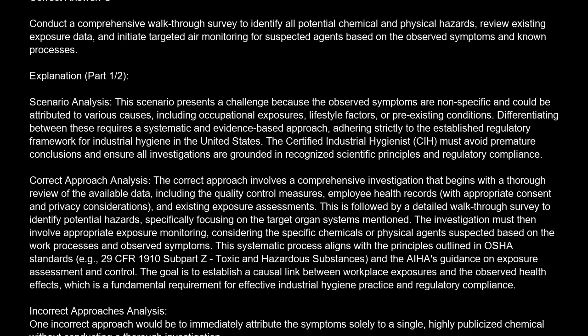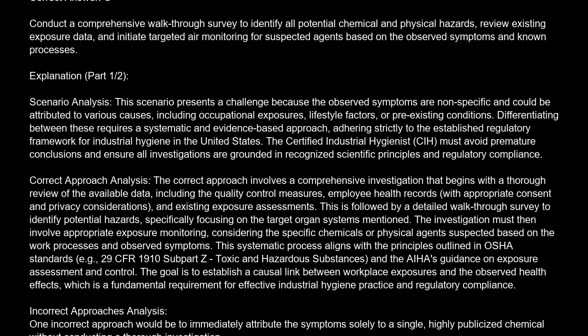Correct approach analysis. The correct approach involves a comprehensive investigation that begins with a thorough review of the available data, including the quality control measures, employee health records, with appropriate consent and privacy considerations, and existing exposure assessments. This is followed by a detailed walkthrough survey to identify potential hazards, specifically focusing on the target organ systems mentioned. The investigation must then involve appropriate exposure monitoring, considering the specific chemicals or physical agents suspected based on the work processes and observed symptoms.